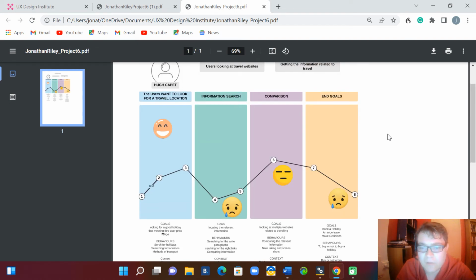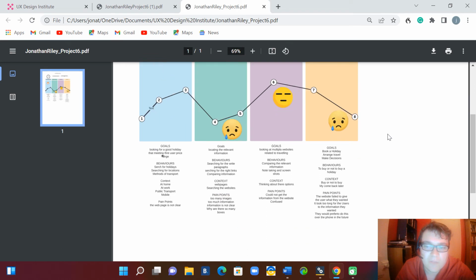Now, the end goal, again, for this website, they couldn't find any information that they were trying to find. They found the process too hard, because, again, there was just too much information. There was too much happening on the page, which really confused the users. It's like if you're doing a piece of copywriting, the best way to describe it is a poster.